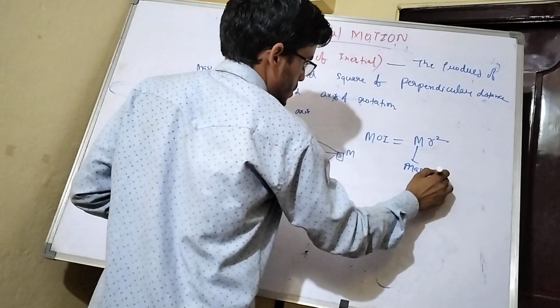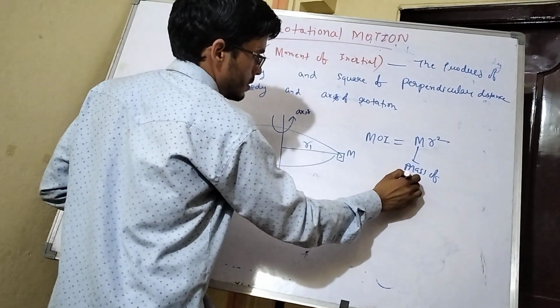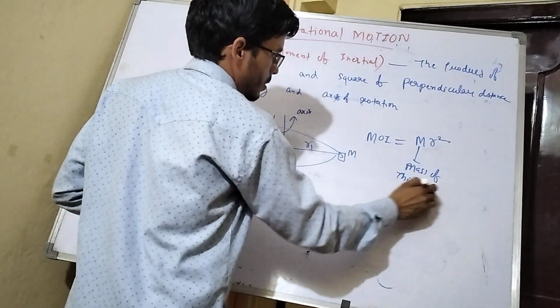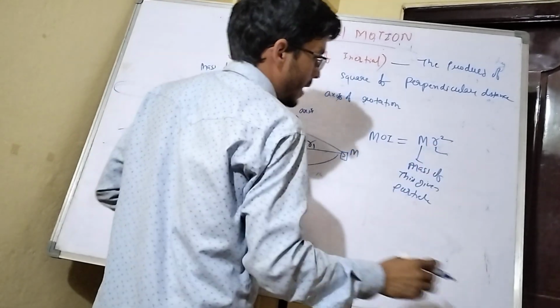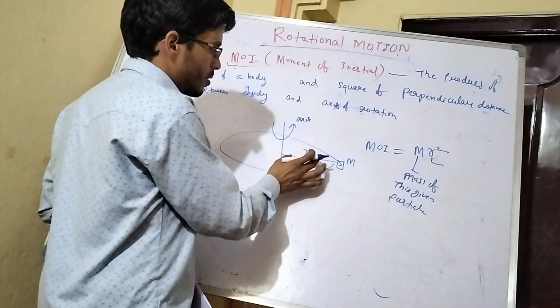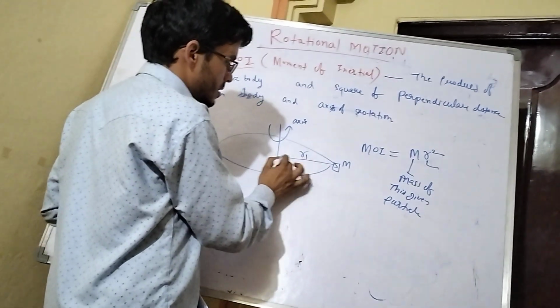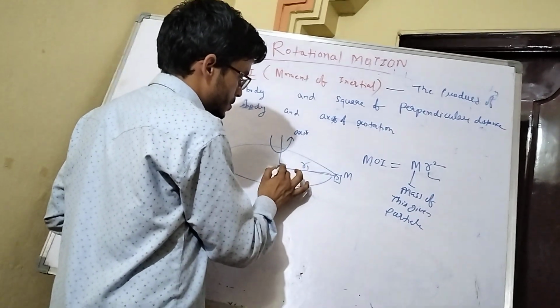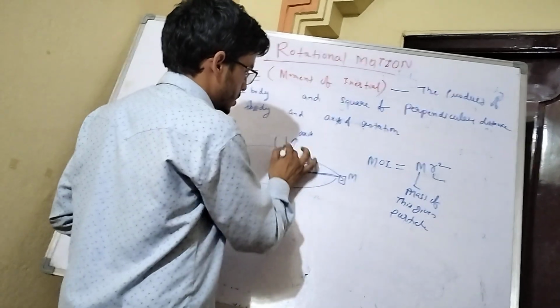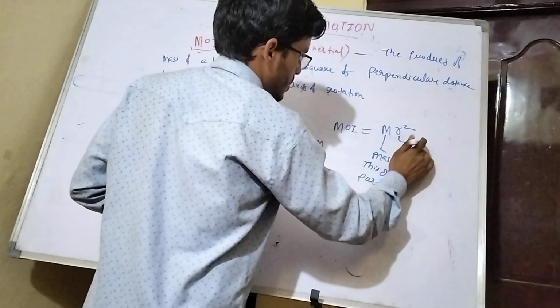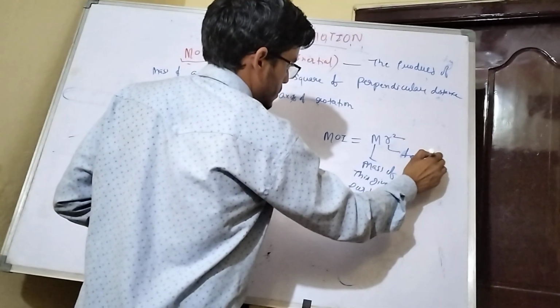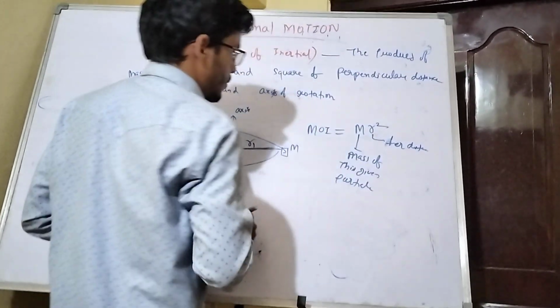And what is r? R is the perpendicular distance from the axis of rotation of this given particle. Always the perpendicular distance. Okay, this is moment of inertia.